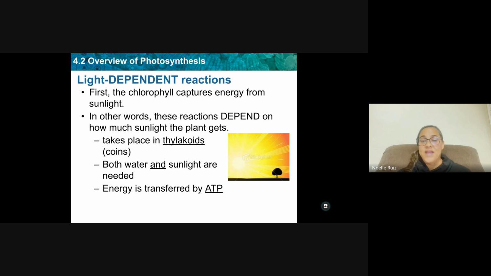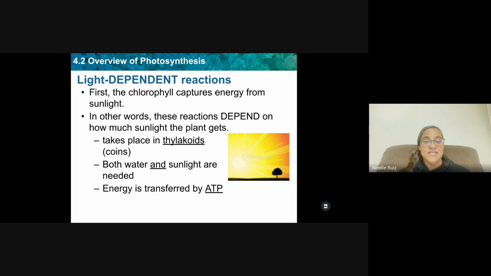So in other words, these reactions depend on how much sunlight the plant gets. These reactions cannot happen if there is no light, because they depend on the light.